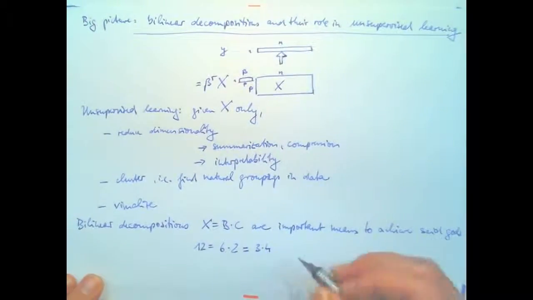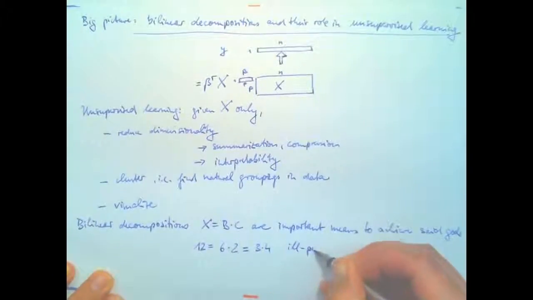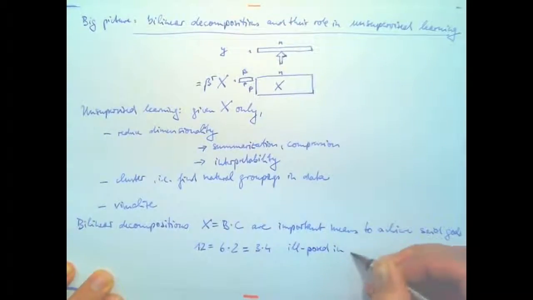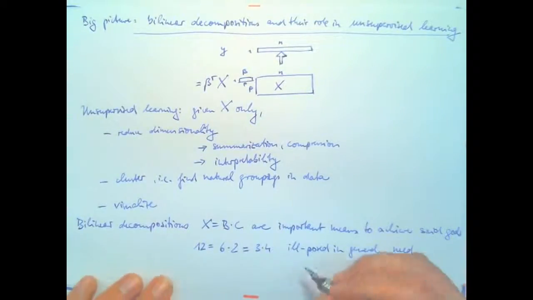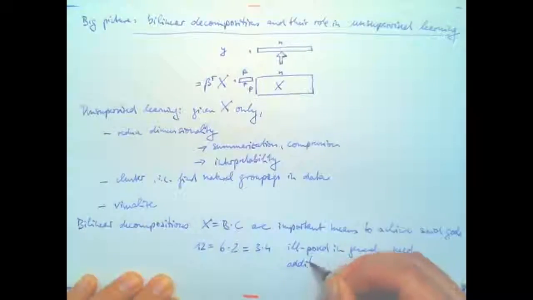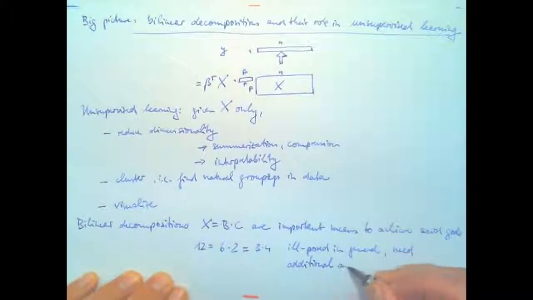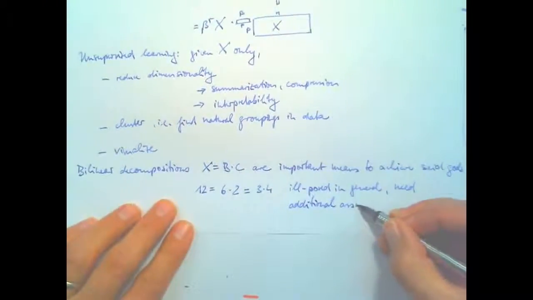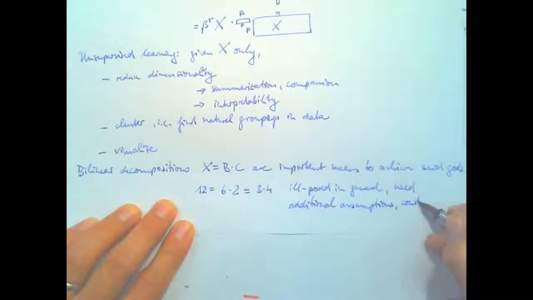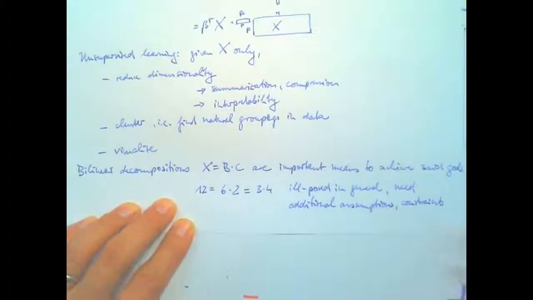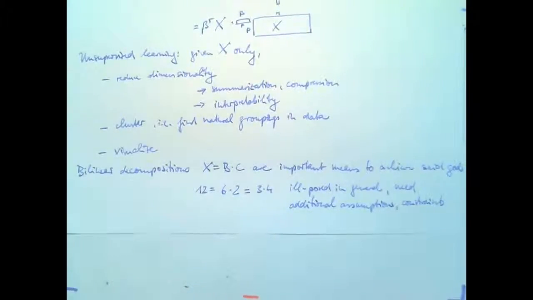So this is ill-posed in general. So to come to a unique method, we need additional assumptions or additional constraints, additional prior knowledge.